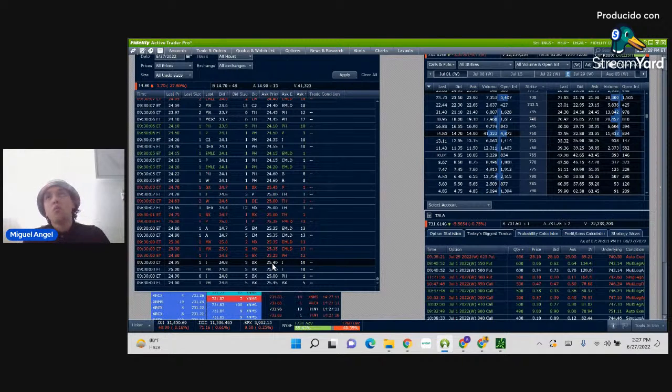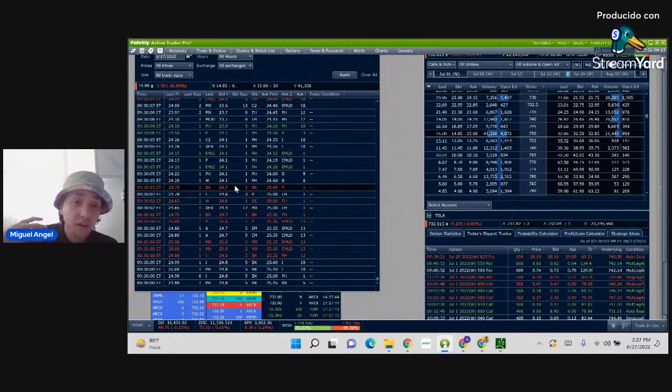Now, whenever you want price to move up or down, you need to see two things. The first thing is, if you're seeing a call option, you want to see the tape going green. Why? Because that means that the buyer of that call option is being aggressive, meaning that they're willing to buy it at whatever price it is, because they know that price might be moving up.